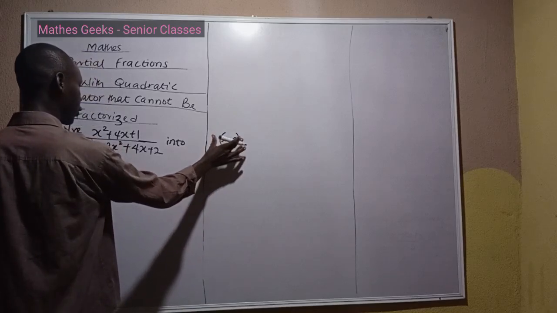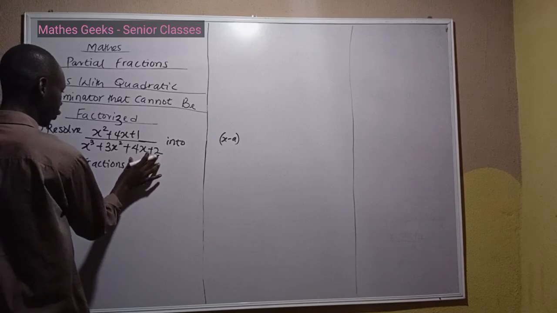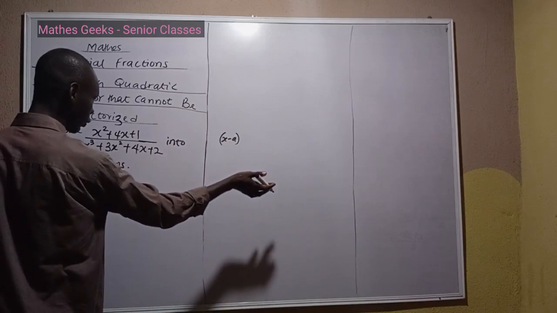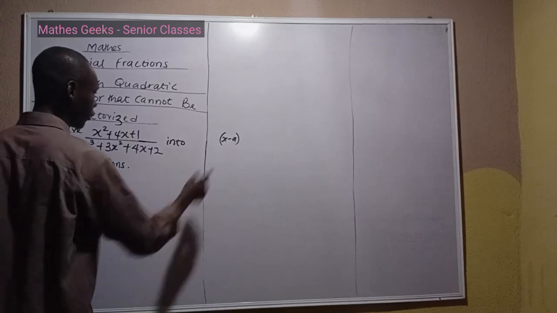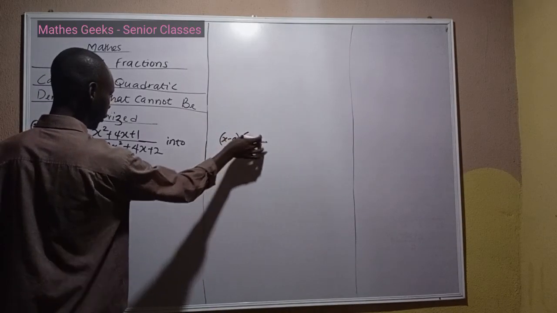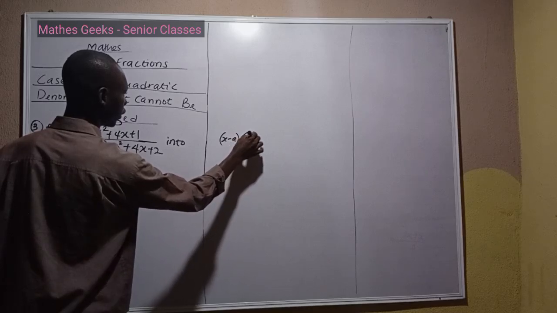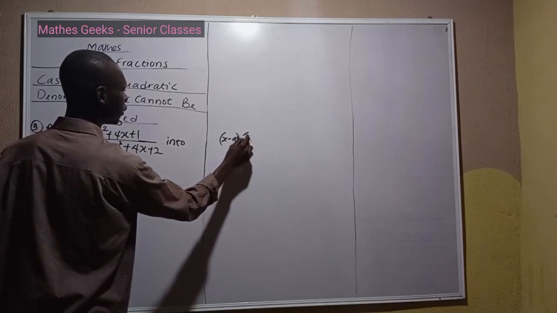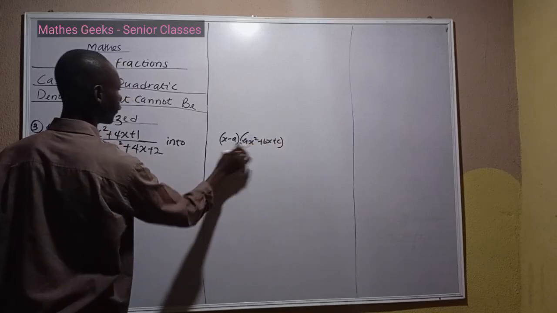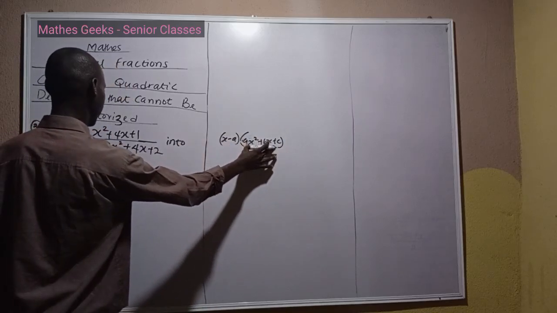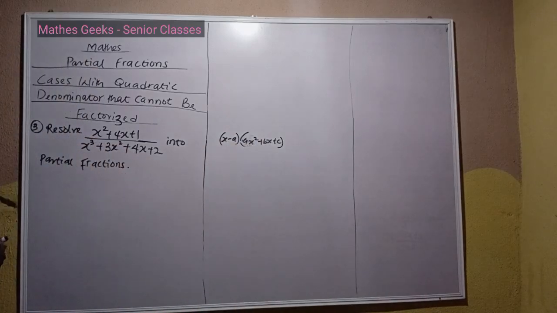Once we get it, we are going to divide the whole expression to get the other 2 factors if it's factorizable. But if it's not factorizable, we're going to have just this and the other factor, which is going to be, let's say, ex squared plus bx plus c in this form. So this is what I mean.